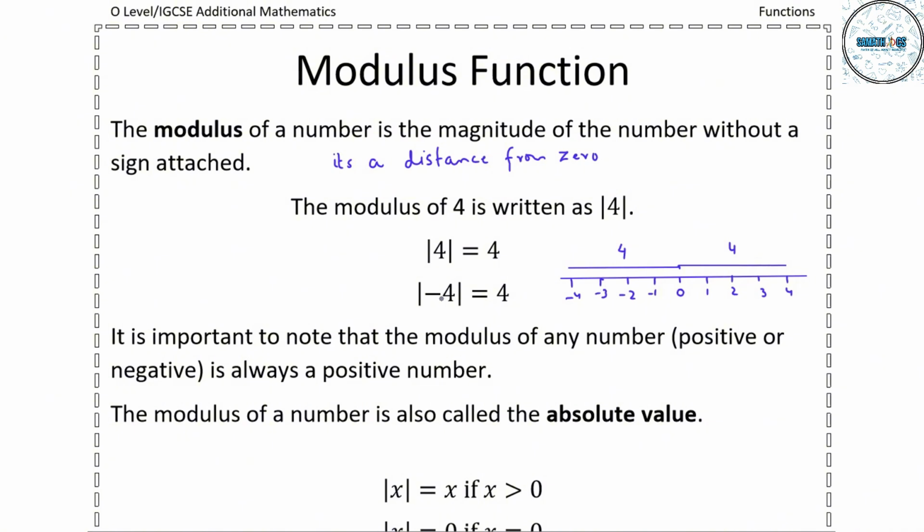Whether there is a positive sign or a negative sign within the absolute sign, the absolute value is positive. It is important to note that the modulus of any number, positive or negative, is always a positive number.